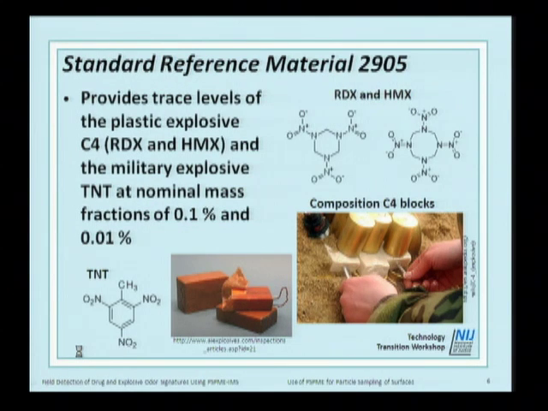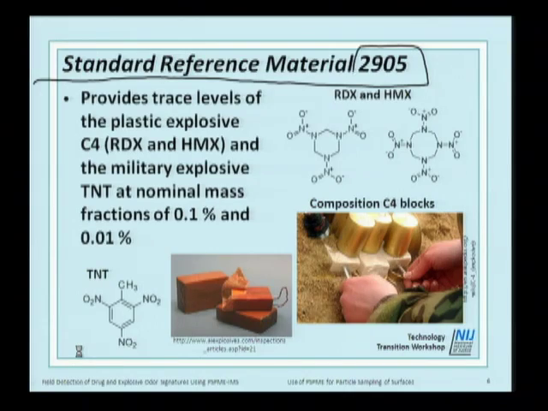Now, to assist us with training and evaluating particle sampling systems, NIST came up with a standard reference material which is 2905. 2905 can be purchased from NIST.